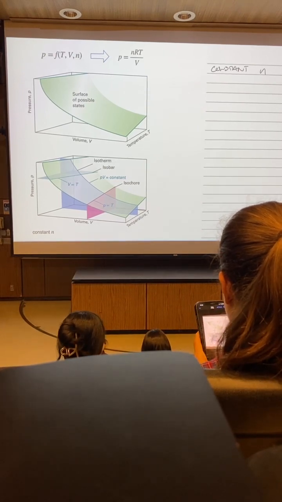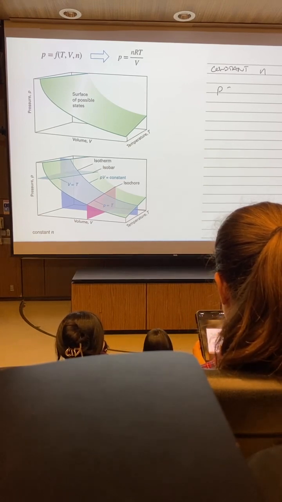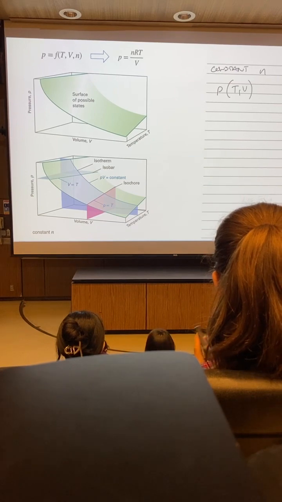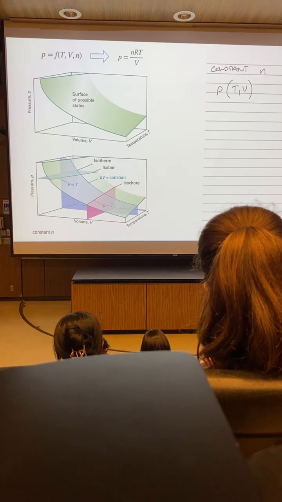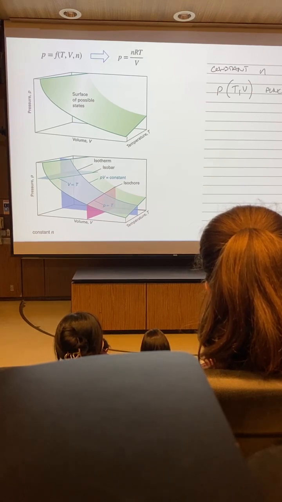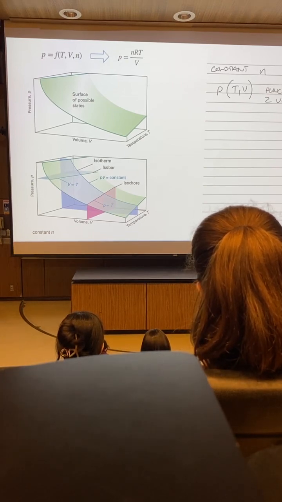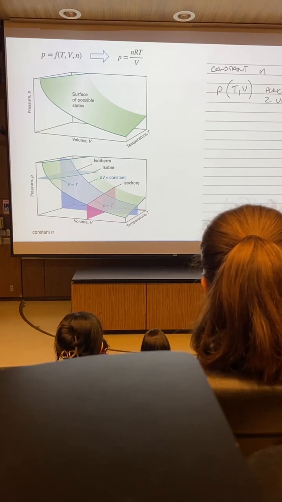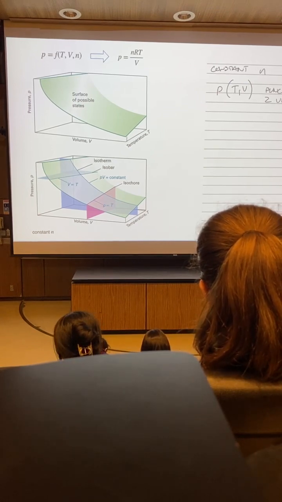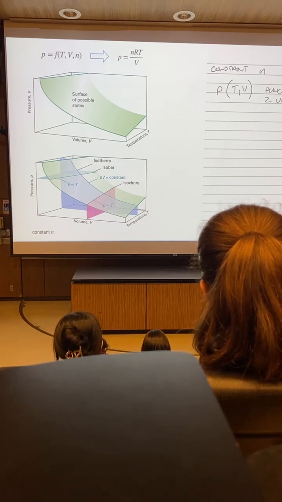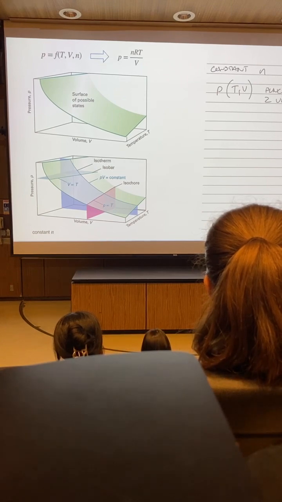Then the pressure is just a function of the other two variables, just the temperature and the volume. So I have a two-dimensional function. That is, I have a surface, right? Pressure is a function of temperature and volume. Two variables map out the surface.